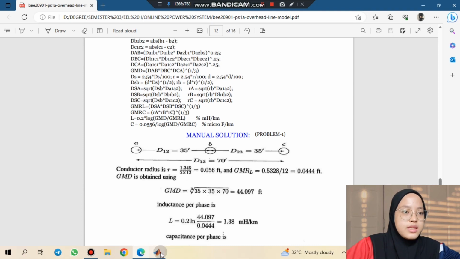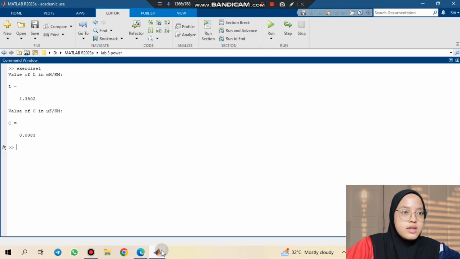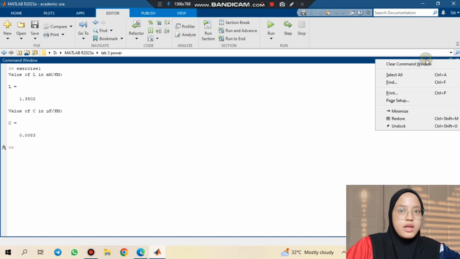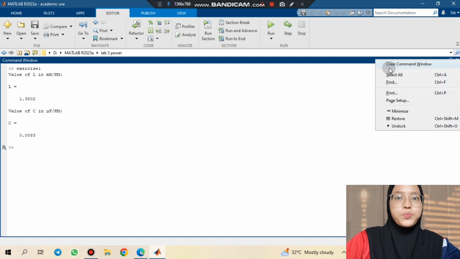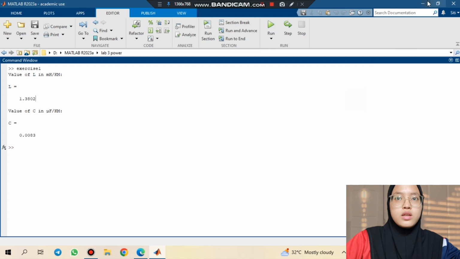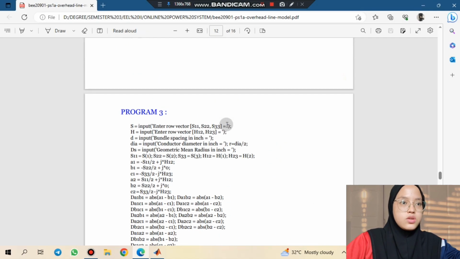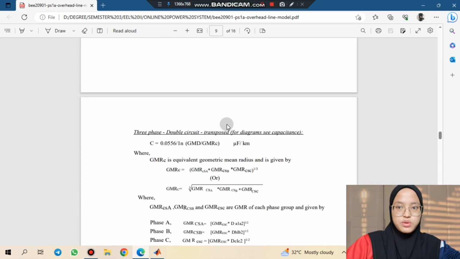So we can say that the execution of the coding from MATLAB is the same as the manual calculation. So I think that's all for exercise number 1.